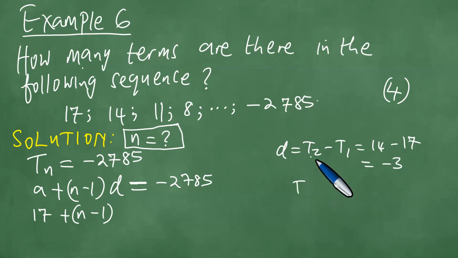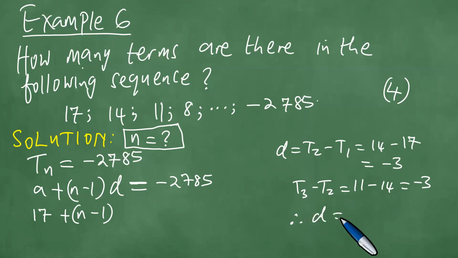But we must check, because you can't just say T2 minus T1. You must also do T3 minus T2, and the answer must be minus 3. T3 is 11, T2 is 14. 11 minus 14 is minus 3. So indeed, because we are getting minus 3 twice, the common difference is minus 3.